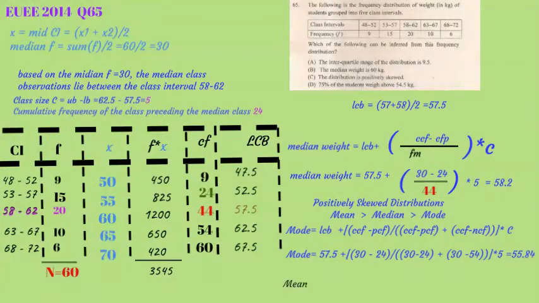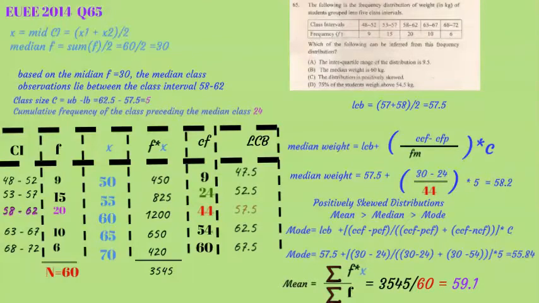And next, let's find the mean. If you remember, the mean is just the sum of frequency times the midpoints divided by the total frequency. So this should give us 3,545 divided by 60, which is 59.1.